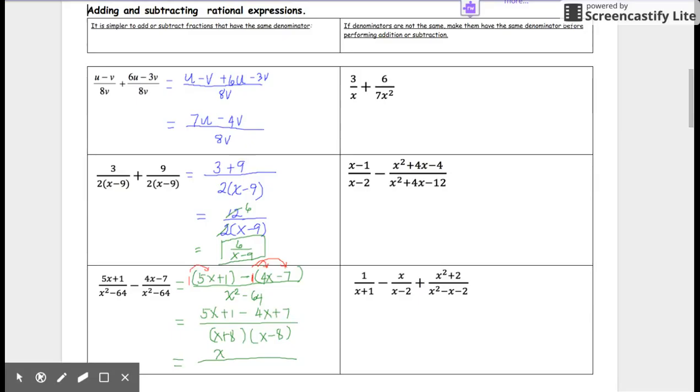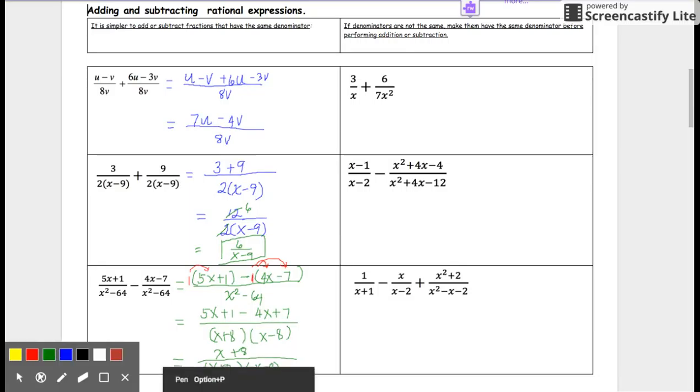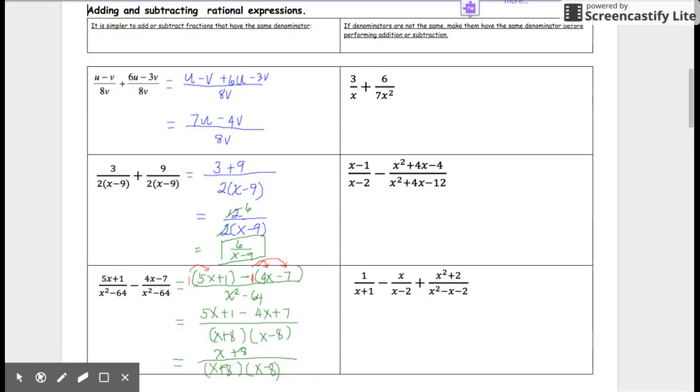Positive 1 plus 7 is plus 8, over (x plus 8) times (x minus 8). And we see that we can cancel the x plus 8. Therefore, the final answer is, see, x minus 8 is at the bottom, so it has to stay at the bottom. And so I'll put a 1 on the top. This is the final answer.